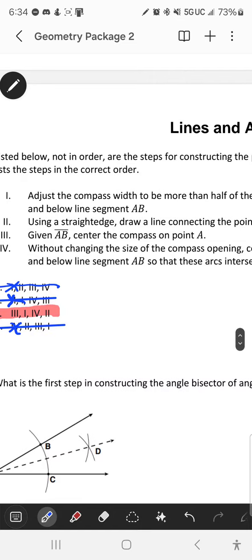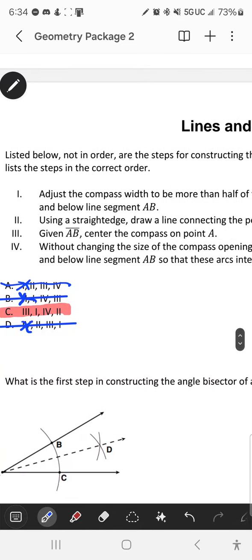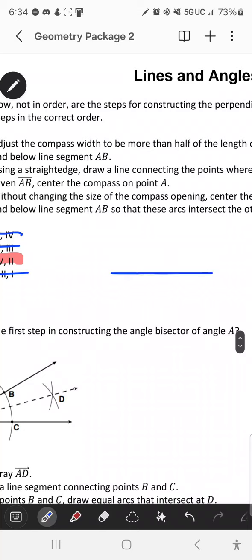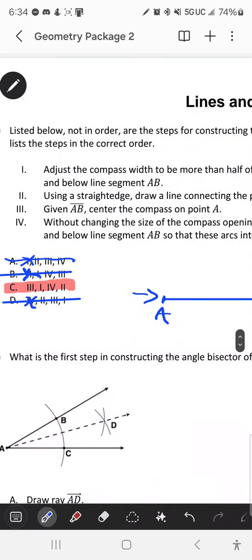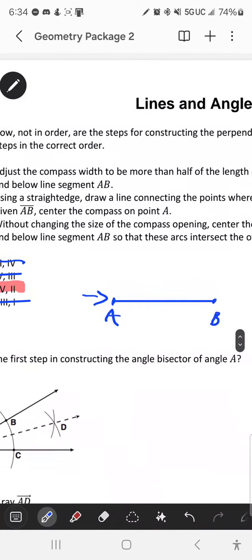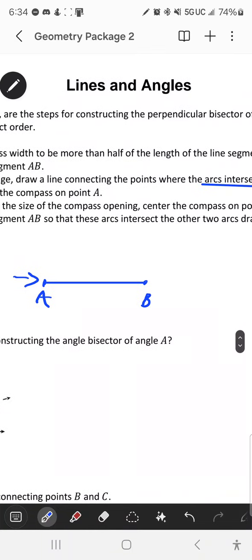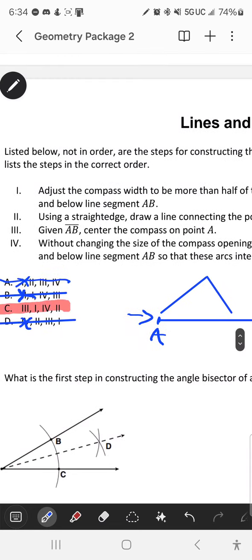First 3. So given AB, center the compass on point A, so we have AB first of all. We center the compass here in point A. Now adjust the compass width to more than half of the line segment. So you're going to put the compass like this, like here.